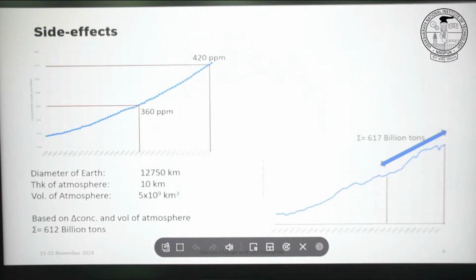Coincidentally, my calculation was very close to the number I found on the internet: 617 billion tons of CO2. It depends on the source you find, but more or less this is the range. Almost 600 billion tons of CO2 released over the last 25-30 years.